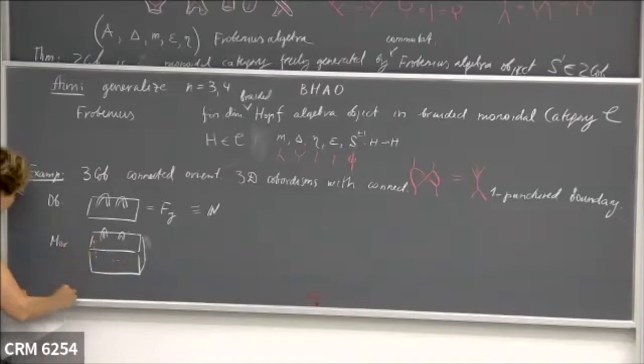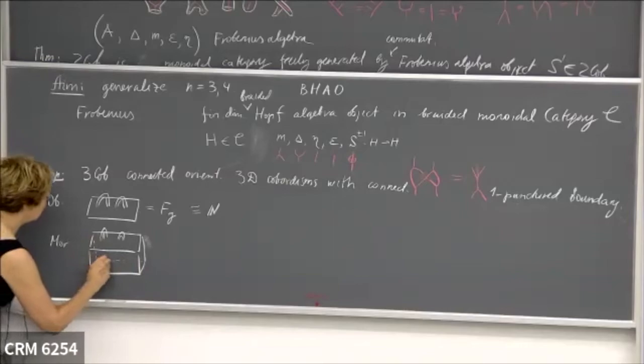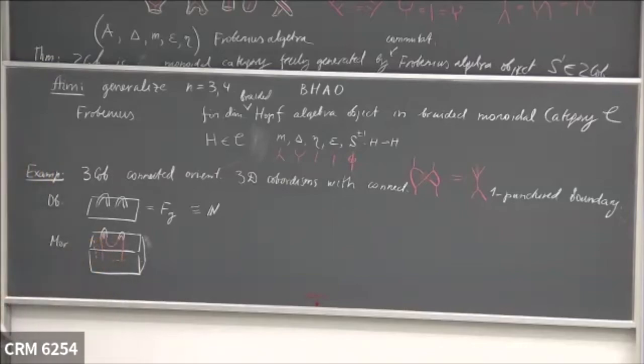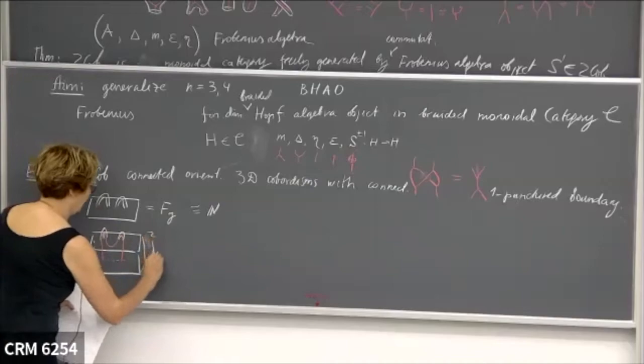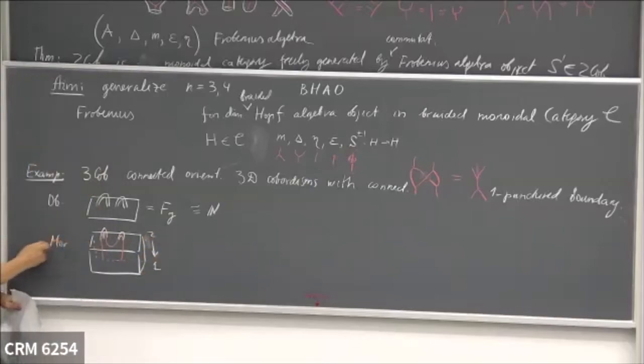I would like to represent it by just drawing, for example, this line, and think about this line as showing the one-handle attached to this bottom square. So you think about providing a hole. You remove the tubular neighborhood of this line, which provides you a genus one boundary component downstairs. So this will represent a morphism to 1. It's clear how I think about this picture as a morphism.